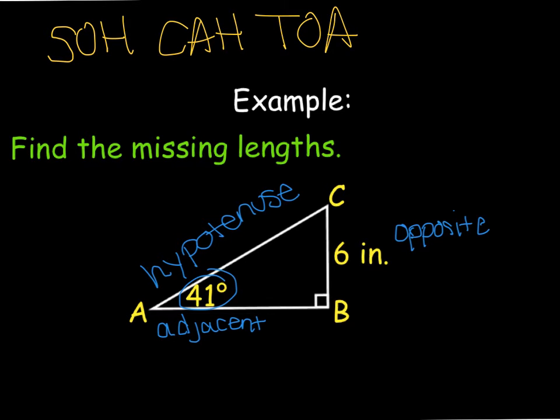Okay, so now I am looking for where I can see OH, because I am looking at my hypotenuse and my opposite side. So you should see that right here with SOH, which means that we're going to use the sine in order to find out what our hypotenuse is.